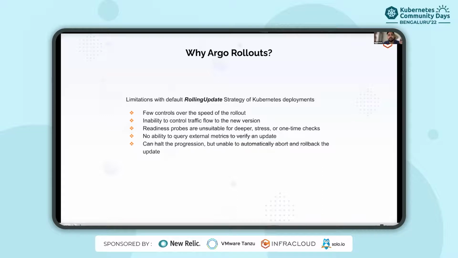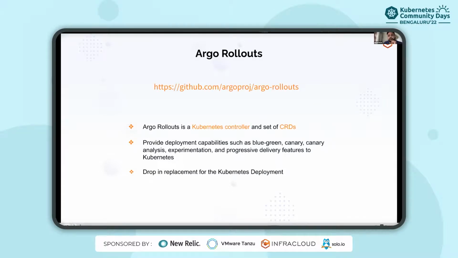You also have no ability to automatically query external metrics to decide whether the update is working or not. And the main thing is it cannot automatically roll back. These are some of the limitations of the rolling update strategy, and that's where the original contributors of Argo Rollouts thought of developing something to overcome these challenges, and that's how Argo Rollouts came into the picture.